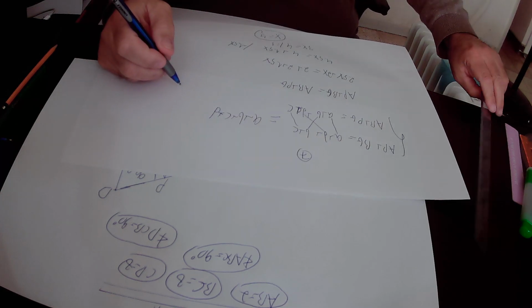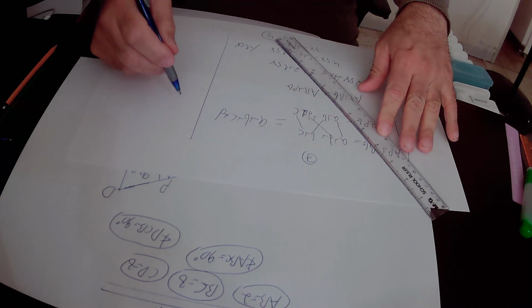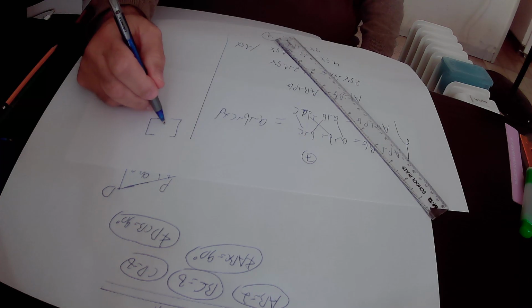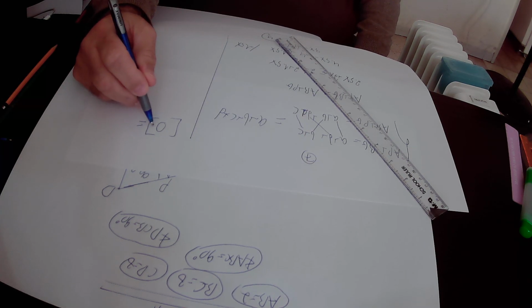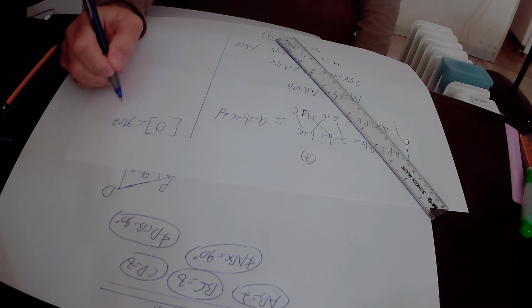We know that the area of any circle, here the square brackets is the sign for the area. That means that the area of a circle in general is equal to pi times the radius squared.